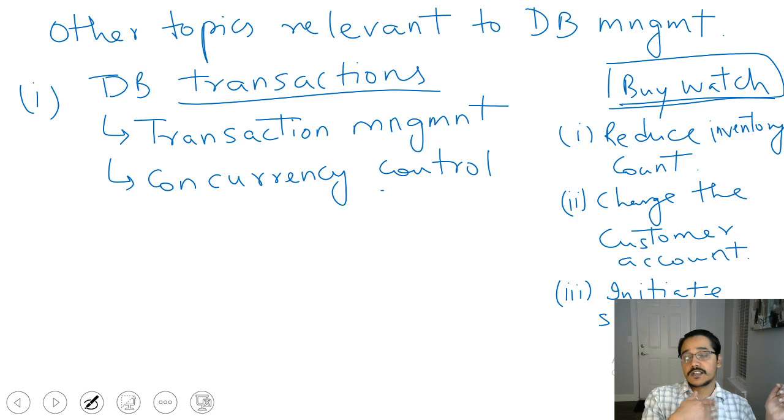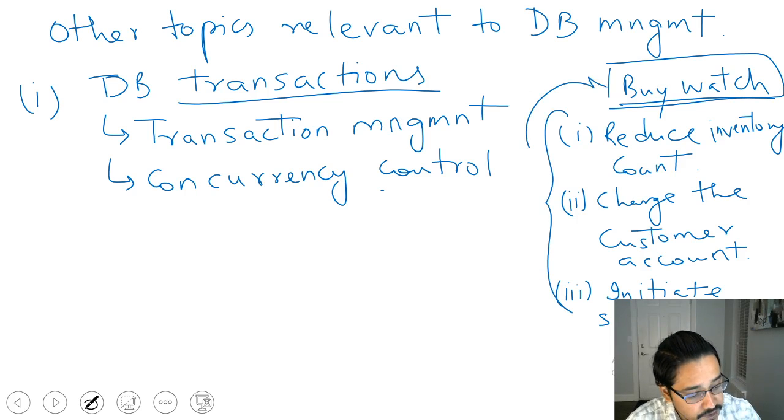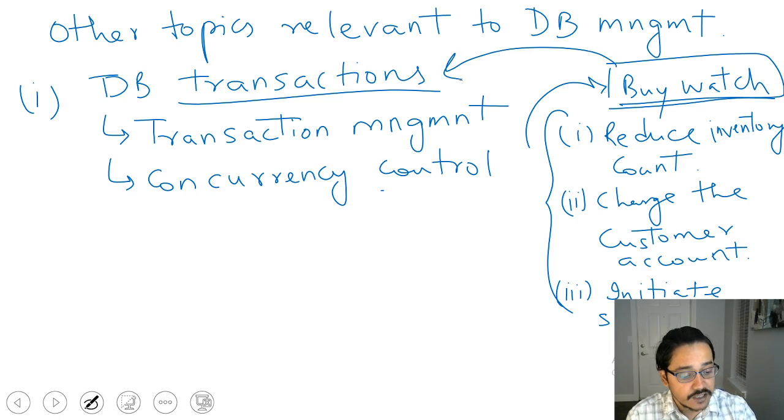Or did the customer return it, or was it cancelled? So all these are relevant tasks wrapped under this single activity, buying a watch from your e-commerce website. So this action is a transaction.